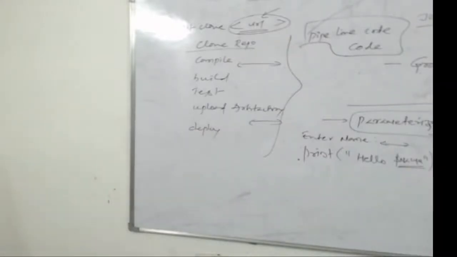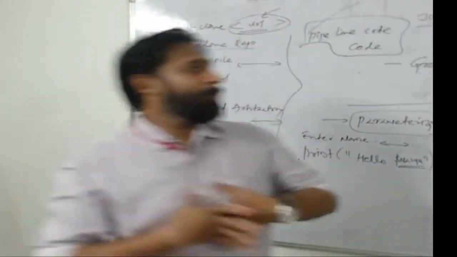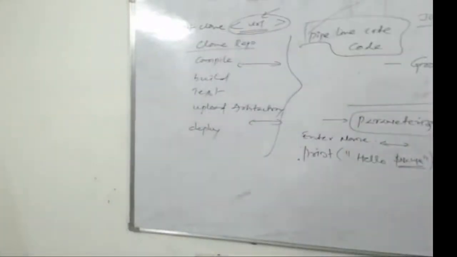The readability. Declarative syntax is much more readable, so you can easily understand declarative. When you have complex pipelines, it's easy to read and modify. That's the outward, first difference. The inward difference is you don't have to know Groovy.